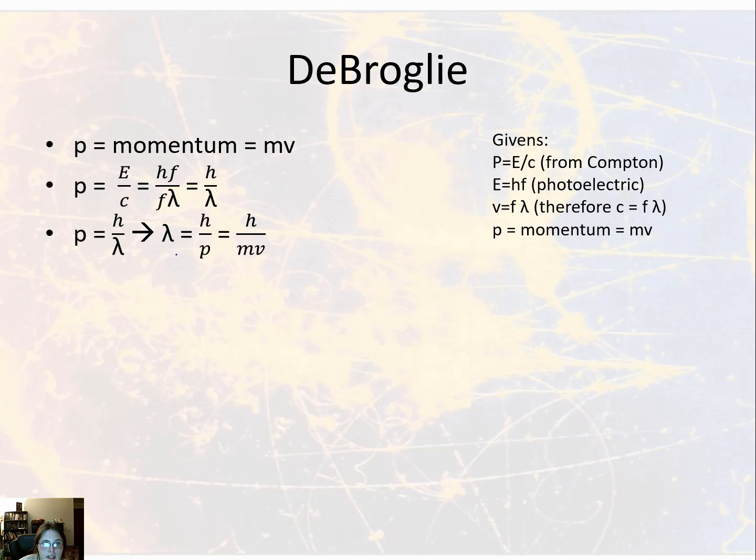On the reference table, we say E is equal to hf, which is equal to hc divided by lambda. This is on the reference table here.